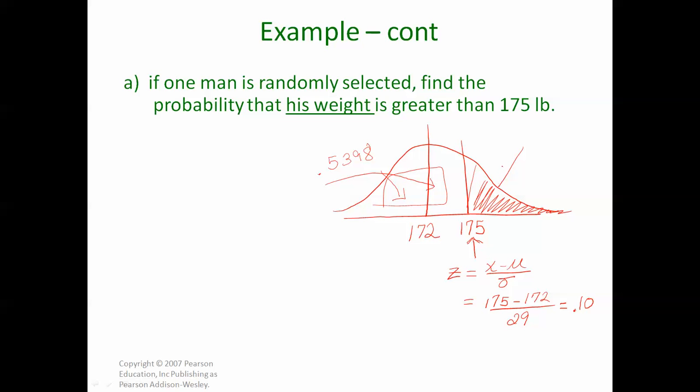But we want the area in this right-hand tail. So in order to find that area, we just subtract what we have of 0.5398 from 1, and that'll give us the remaining area that's in the tail. And when we do that subtraction, we get 0.4602.